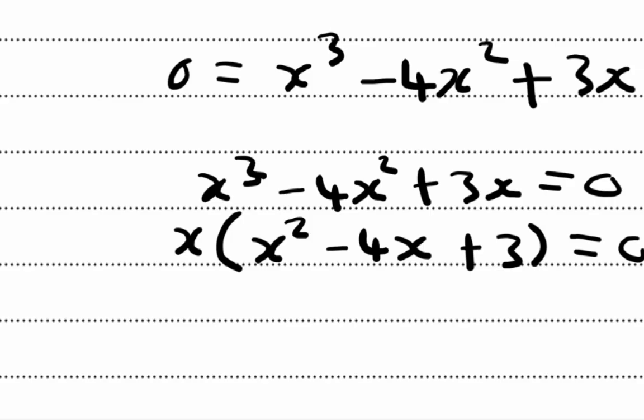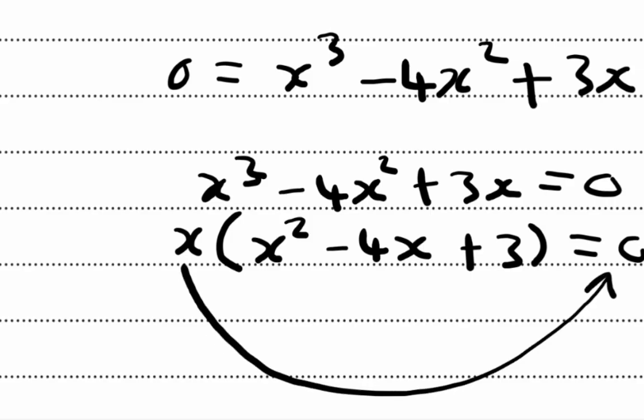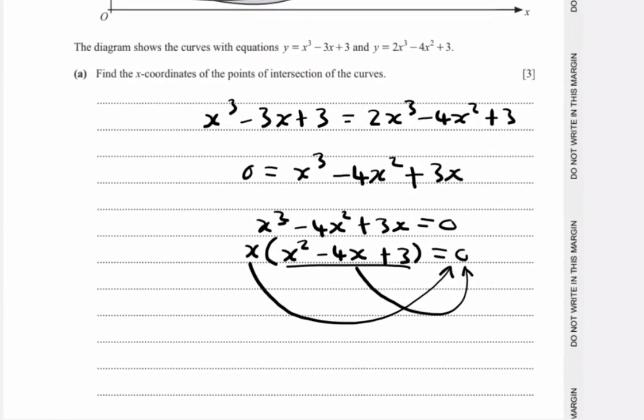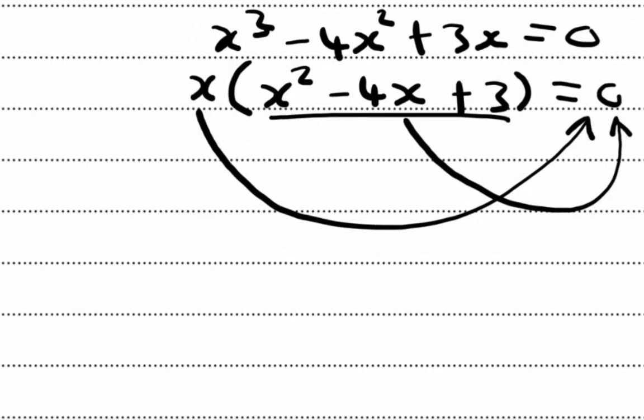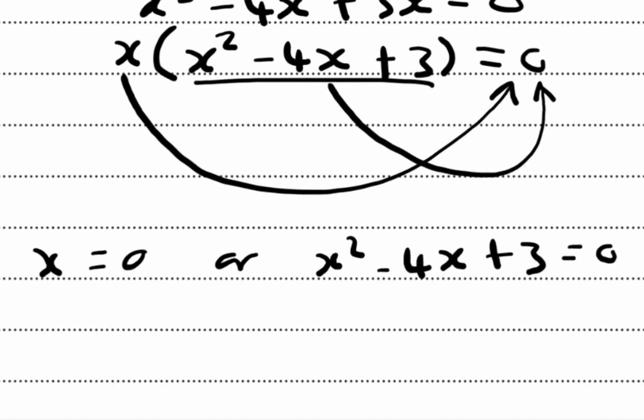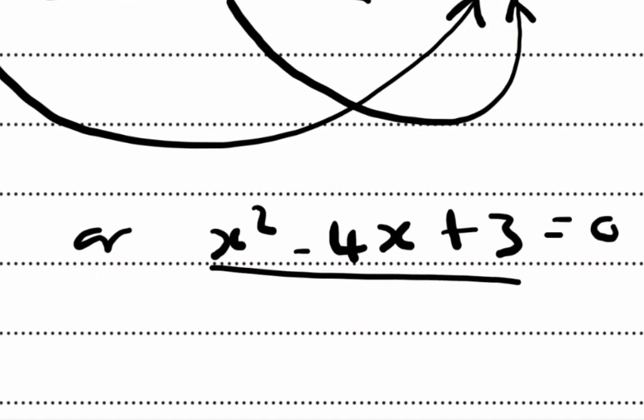Now with this, we're going to say this x is equal to 0 or this is equal to 0, right? So we will say x is equal to 0 or x squared minus 4x plus 3 is equal to 0. Now we'll try and get solutions of this, and we can use 1 and 3 to get that.